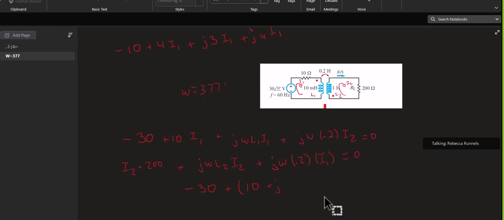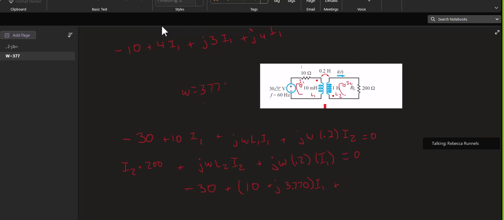So plus J 3,770 I1. What? It's 10 milli, so it's 3.77. 10 millihenries. I was looking at the wrong one. I was thinking that L was 10, but L is 10 milli. So that would be 3.77. Yes. 3.77.